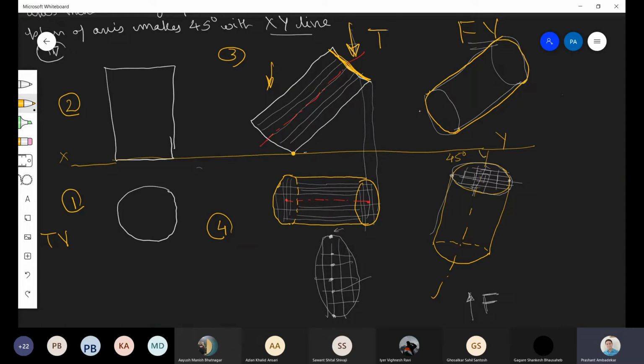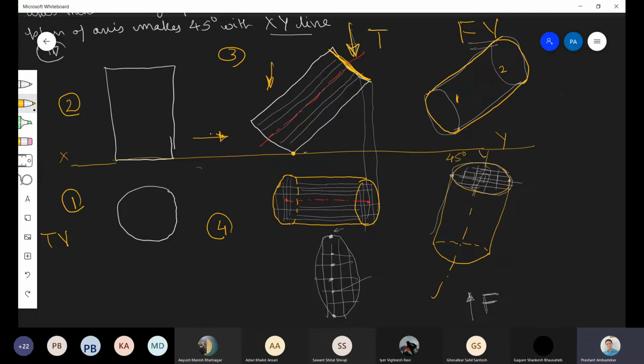Now which will be dotted? Either this number 1 or number 2. One of these two will be dotted. Now if it is difficult for you to understand this front view, whether this is visible or not, you can see it from here. Why here?